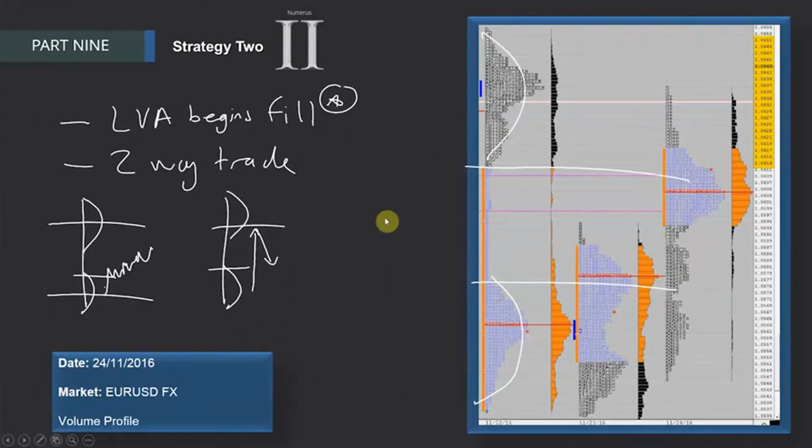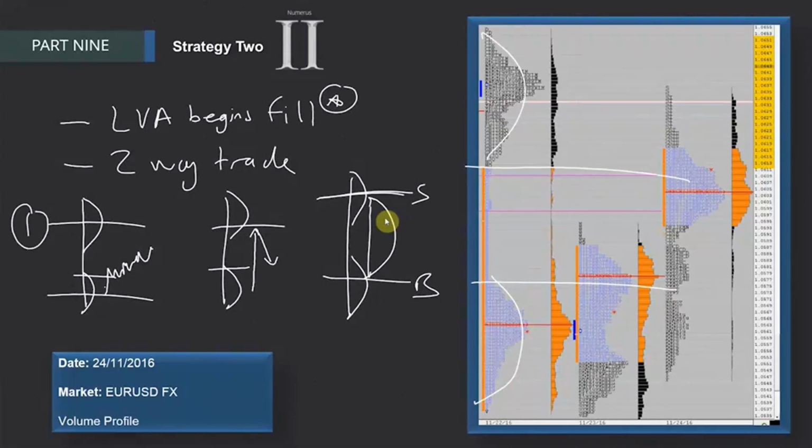So what should happen in theory is the market should fill out this low volume area where we have buyers towards the lower dome and sellers within the middle part of the higher dome. If the market, as in the first example, slowly grinds out the low volume area, this is not as effective, or at least it would still work, but it's a far slower type trade opportunity than the second one.